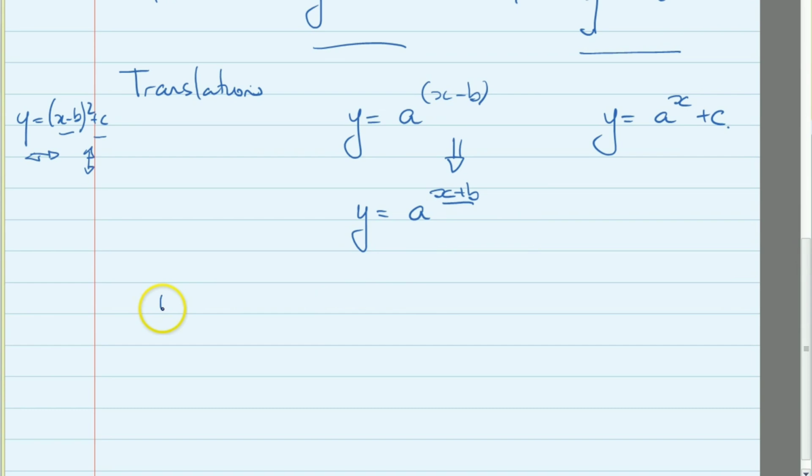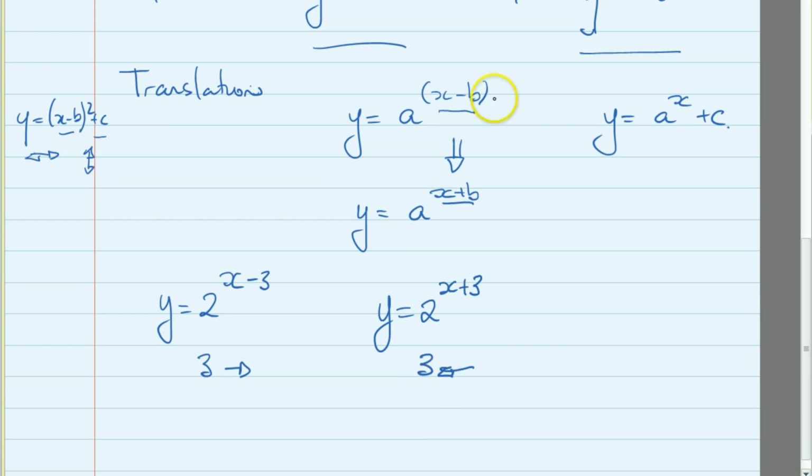If you have y equals 2 to the power of x minus 3, that is going to move the graph 3 units to the right, regardless of whether you've seen the rule written as x minus b or x plus b. If it's a minus 3, that moves it to the right. If you have y equals 2 to the power of x plus 3, then that's going to move it 3 units to the left.